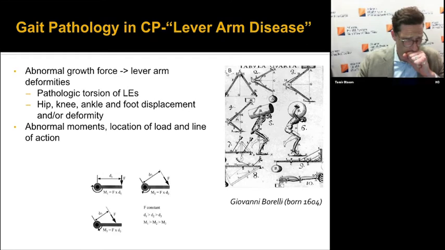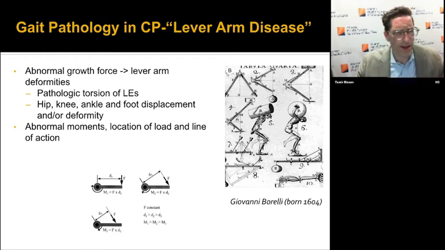And so what happens to synthesize these two concepts? If you have abnormal anatomy and abnormal forces, then this results in abnormal moments, abnormal location of the load.